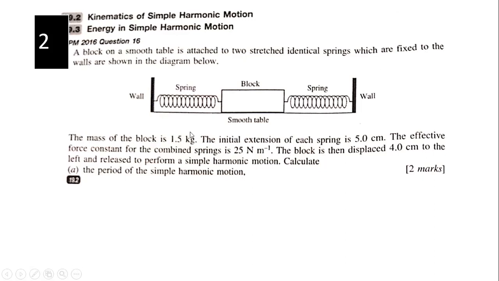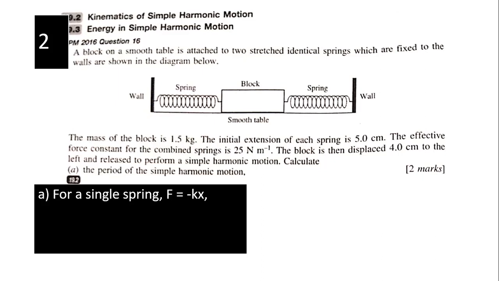The mass of the block is 1.5, mass is given. The initial displacement is 5.0 cm. The effective spring constant for the combined springs is 25. Effective, you add the k and k together, 2k. The block is then displaced 4 cm to the left and released to perform simple harmonic motion. Calculate the period.